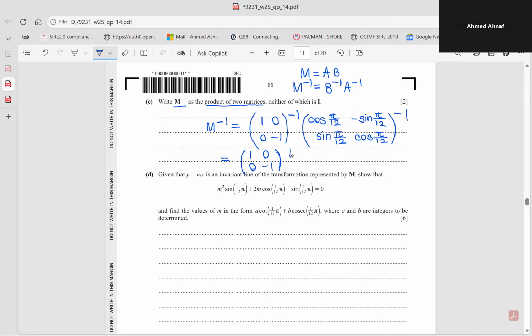So it's just 1 over 1 times these two. So this and this have to be swapped, so it's cosine pi over 12, cosine pi over 12. And then these two won't be swapped, but they would have -1 multiplied, so it's negative sine pi over 12, sine pi over 12.